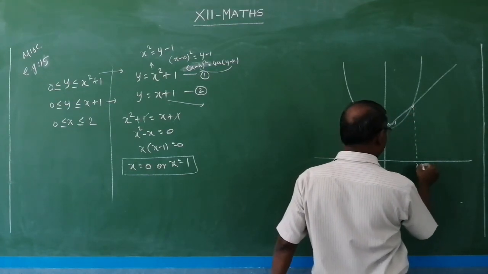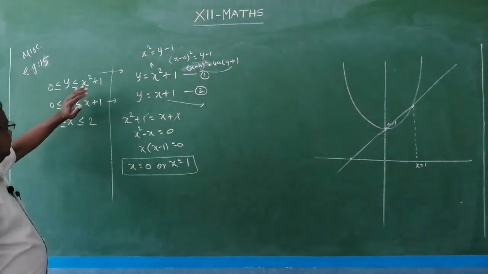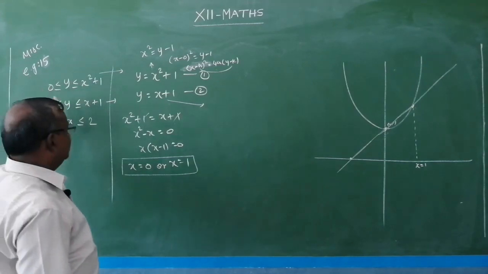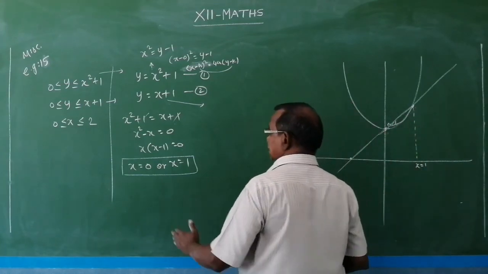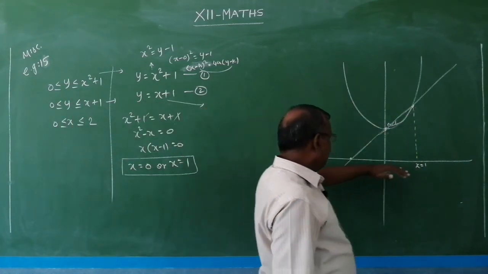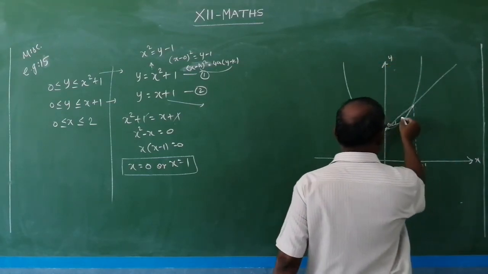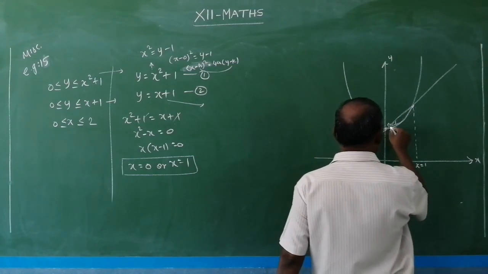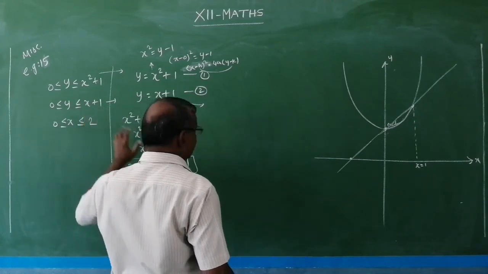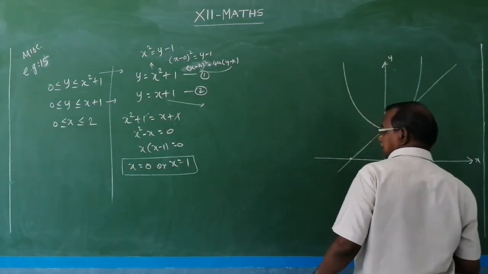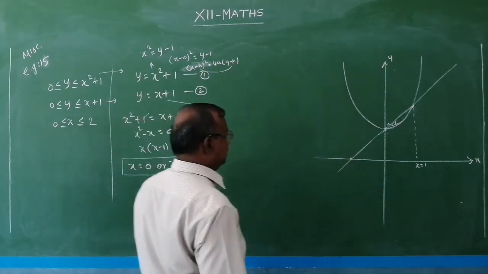We need to find the area bounded by x² + 1 but greater than 0, that is from the x-axis up to the curve. This means y is greater than 0, above the x-axis and below the curve. Then y is greater than 0 and below the x + 1 line, and x is greater than 0, right of the y-axis, and less than 2.